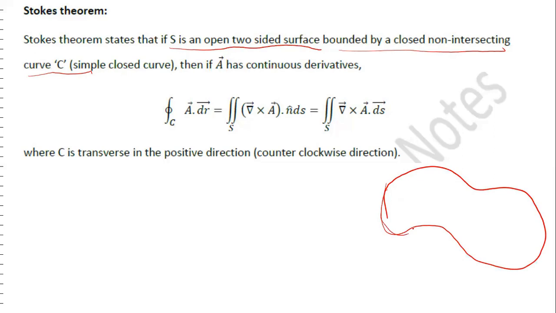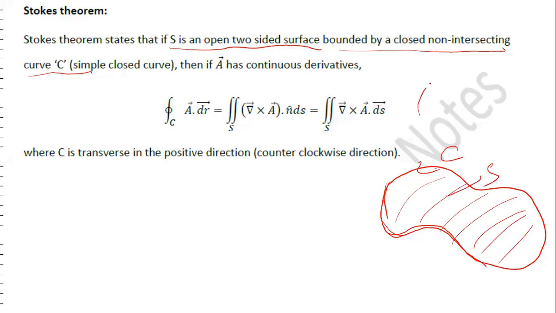If this is an open surface, this is a curve C, and this curve is surrounding a surface S. Or you can consider something like this, let's say this is a curved surface.